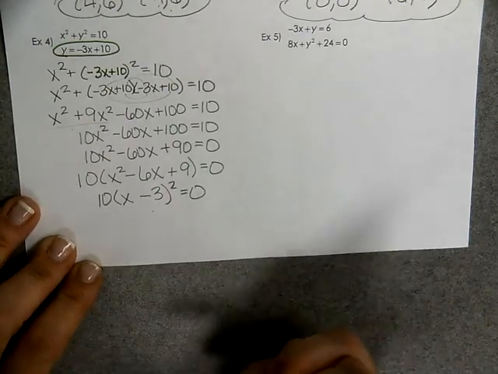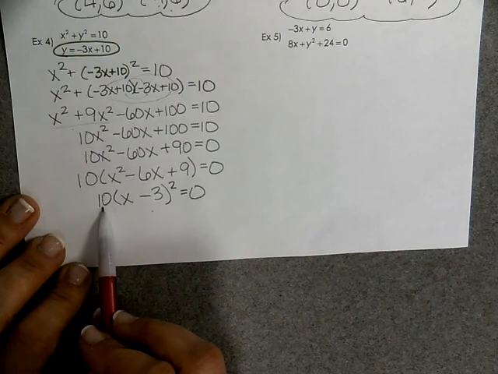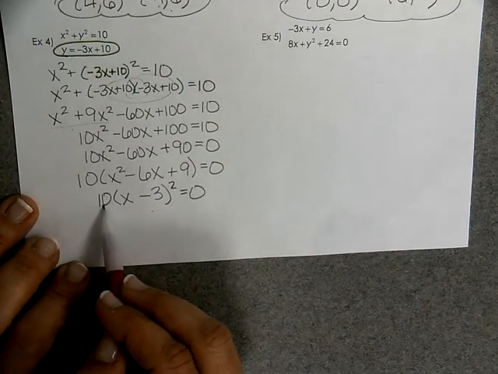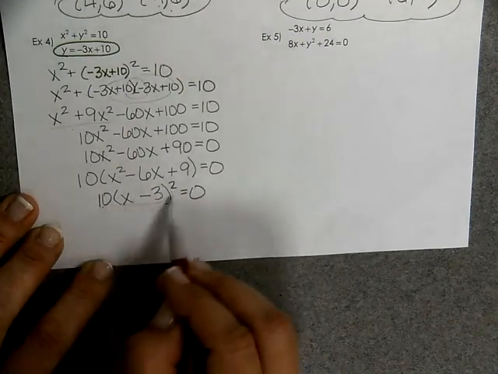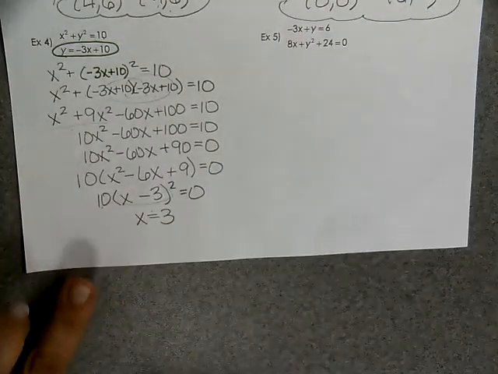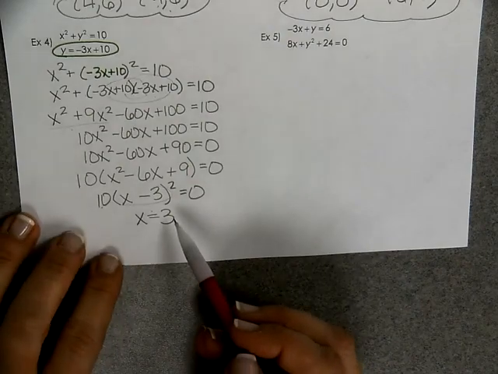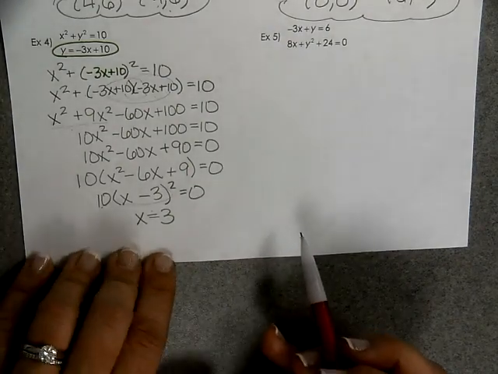Well, this is factored, so now I can set each factor equal to 0. Now, you guys, 10 doesn't affect it at all. 10 doesn't have an x with it, so 10 is not going to be a solution or affect our solutions at all. But this factor, x minus 3, we could set that equal to 0, and we can find that x is 3.